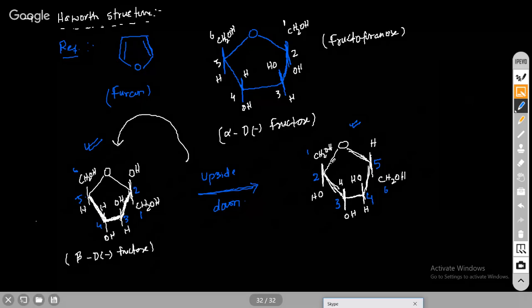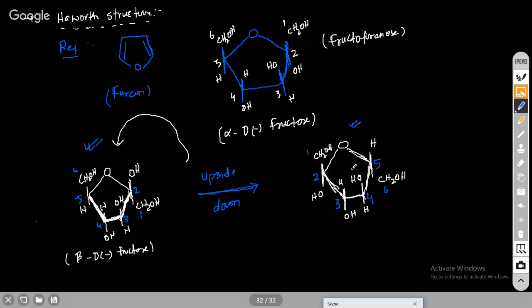The only difference is, since numbering is not there, you will get confused. The structure where we have OH here on the top, according to this, correct? But since we have hydrogen here, right? We have hydrogen here and OH here.